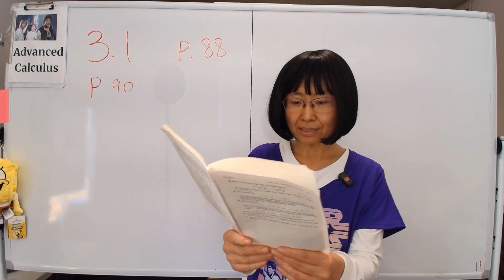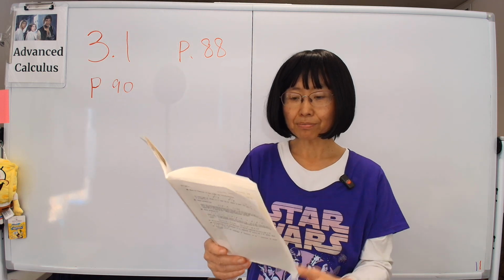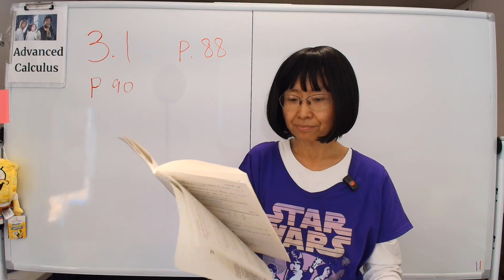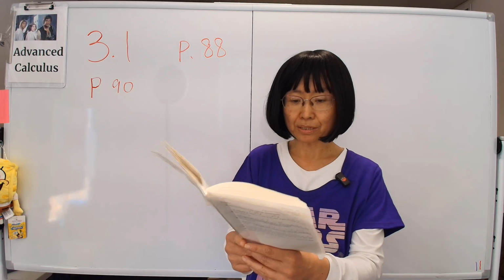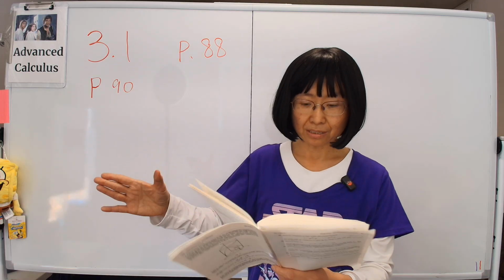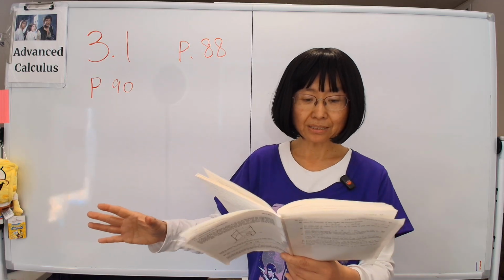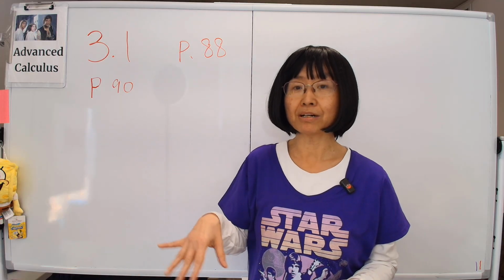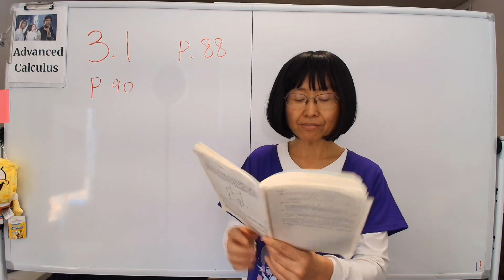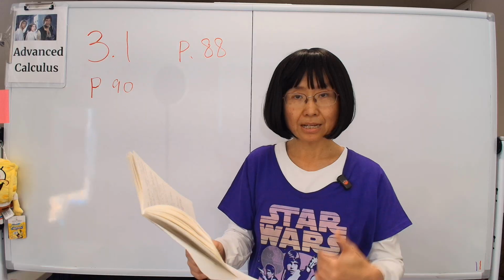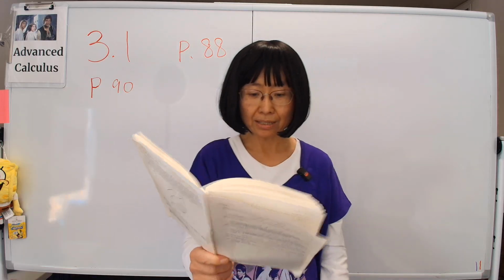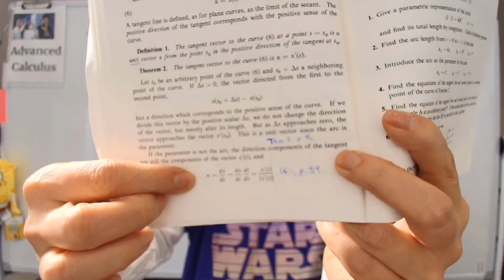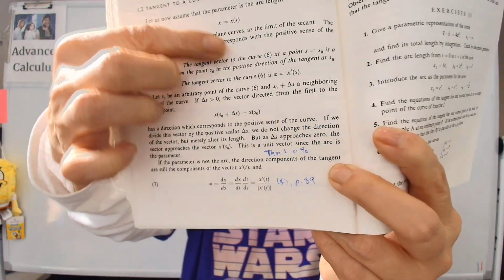So let's look at the next part, okay? Now if the parameter isn't arc length, if it's just some random t, then the tangent still points along the tangent vector. It's just that the tangent you calculate from x prime of t is not necessarily of length 1 anymore. It could be any old thing. However, it is related to x prime of s in this way. That is, dx by ds, which is what alpha is, right?